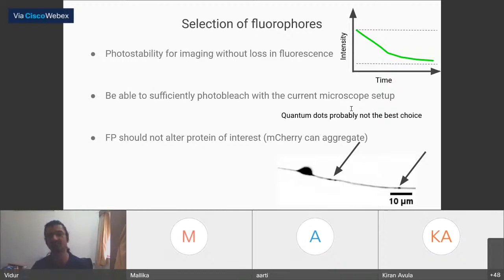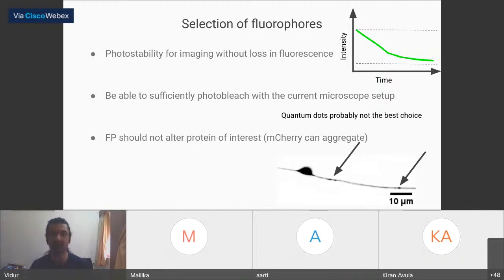The second question is, does it depend on quantum yield of the fluorophore? It does. However, as I told you in the second part of this slide, photostability is one thing. The only thing that quantum yield will change in this particular experiment is the SNR, which is the signal to noise ratio.